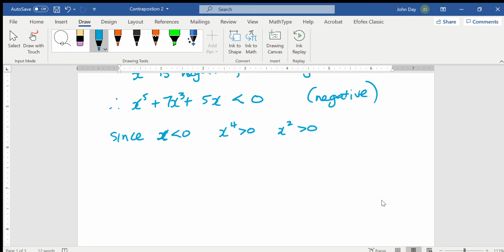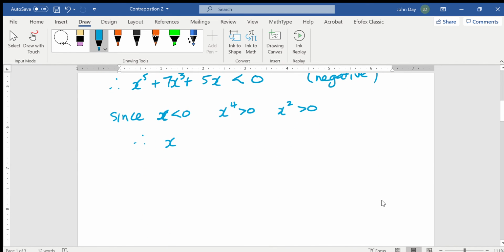So by specifying it's less than 0, if I power it up to an even power, then I'm going to get a number that's bigger than 0. Therefore x^4 + x^2 + 8 is bigger than 0.